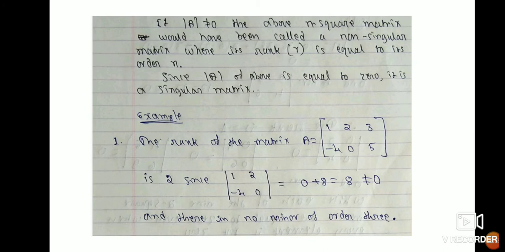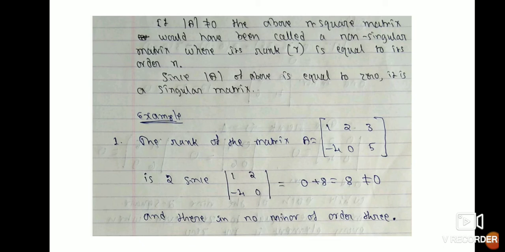If it is a non-singular matrix, then the rank of that matrix is equal to the order of the matrix. That means if the determinant is not equal to 0, then the rank of that matrix is equal to its order.